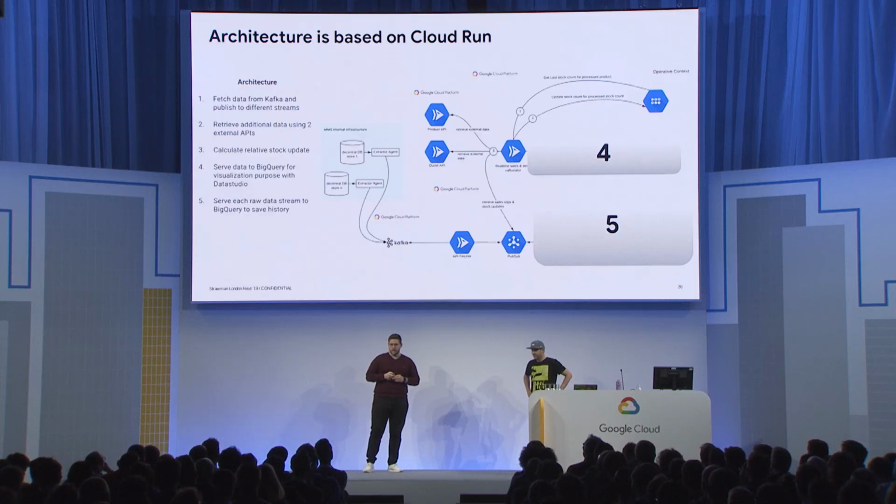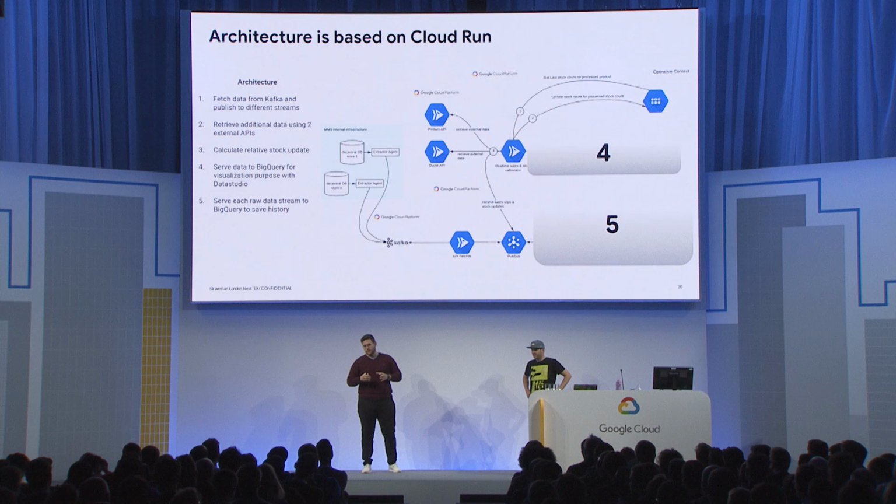For the operational context, calculating the output for the Data Studio report, we need additional data from our product and outlet API that is necessary to make some groupings and whatever the customer needs for the report. And now the beauty comes in. We really focus on Cloud Run as a fundamental piece of our architecture.